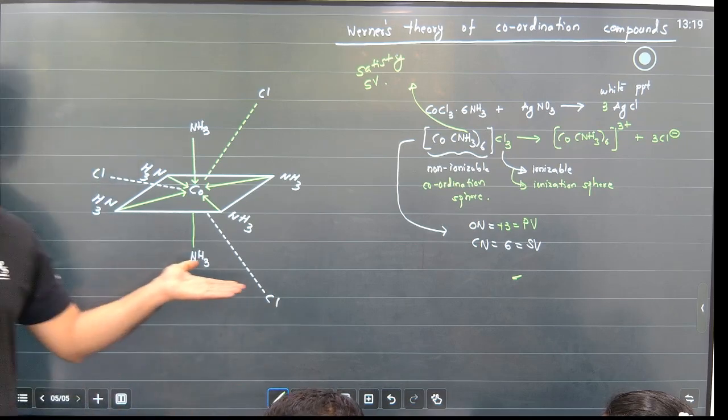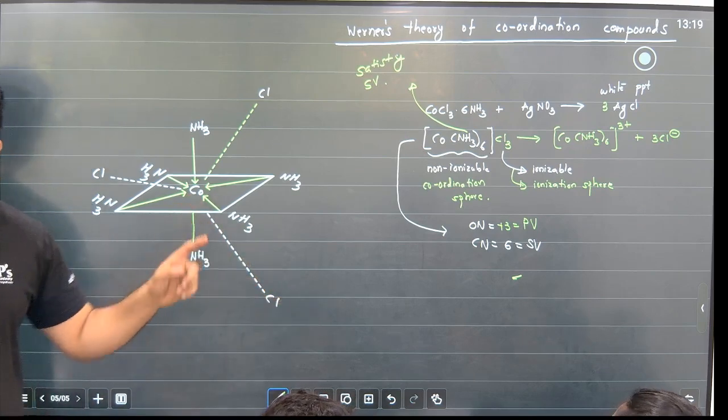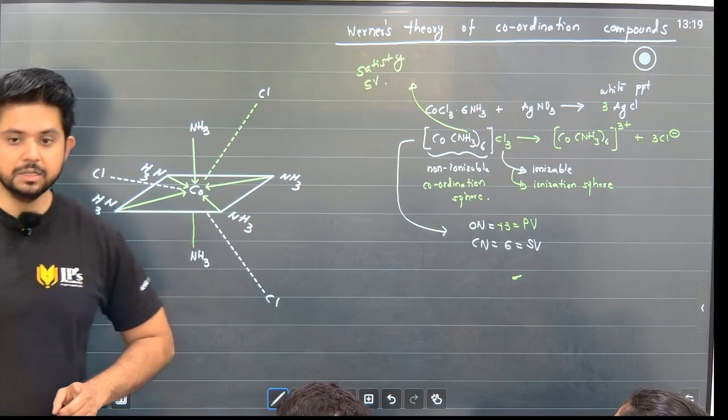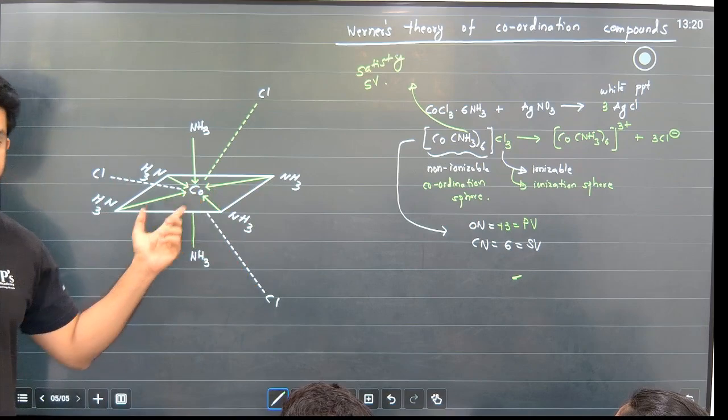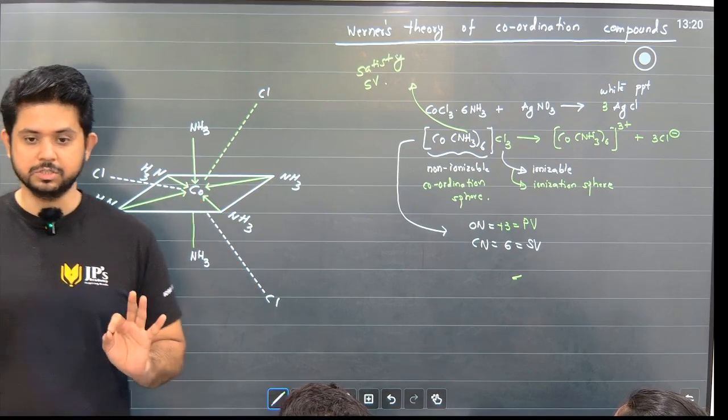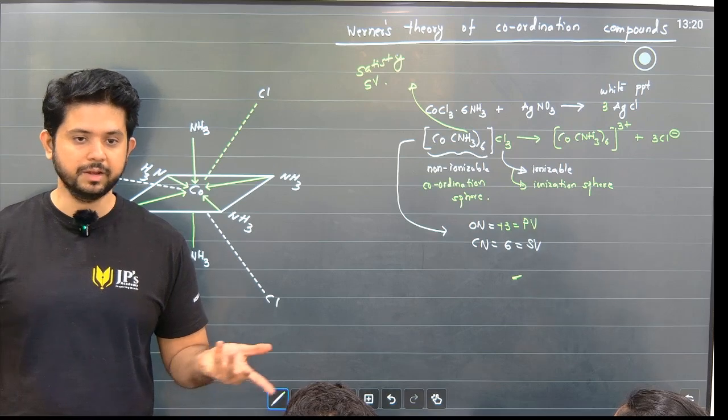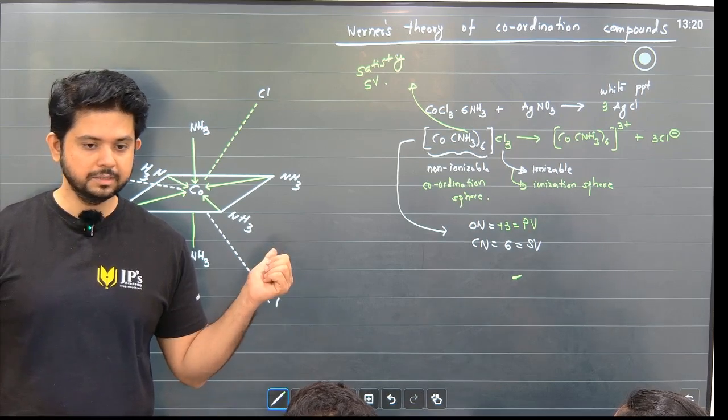So the dotted lines that you see are for the primary valencies, non-directional bonds, and the directional bonds, the secondary valencies, will be at fixed positions, जो हम geometry में eventually और आगे पढ़ेंगे. Did you people get that?